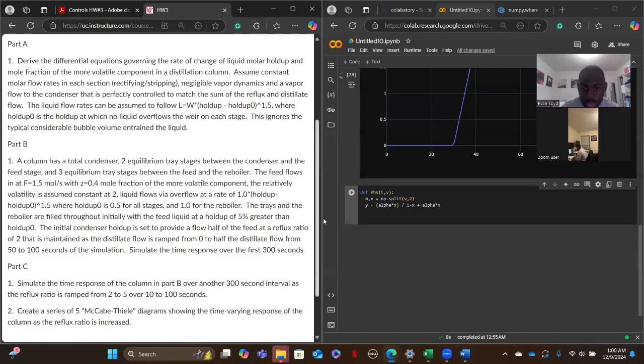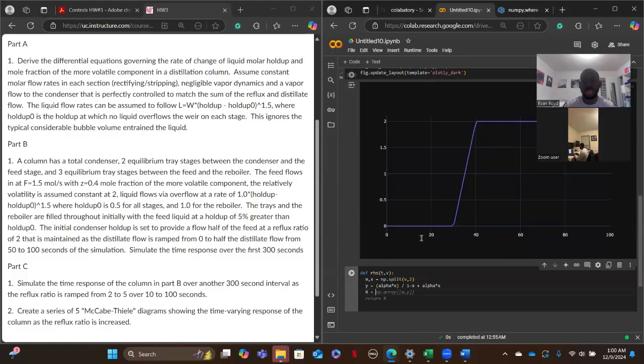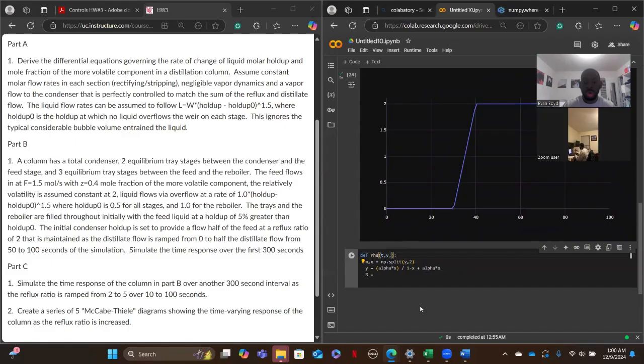So we have to restate our reflux, changing what we have in here for the initial value, and incorporate this into our function. So we can do R divide our function as a reflux function.